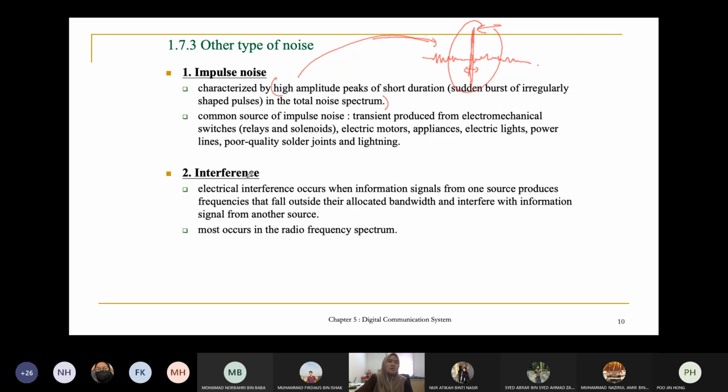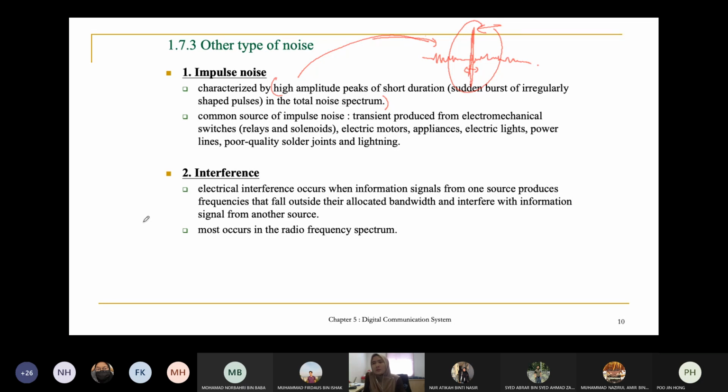For interference, it is an electrical interference that occurs when information signals from one source produce frequencies that fall outside their allocated bandwidth. An example of interference is in the radio frequency spectrum.